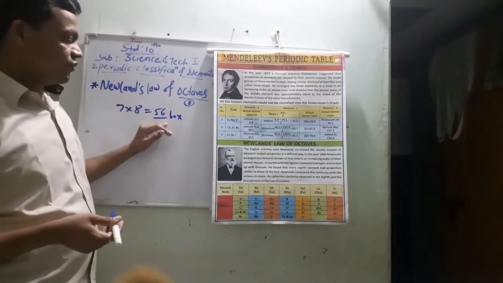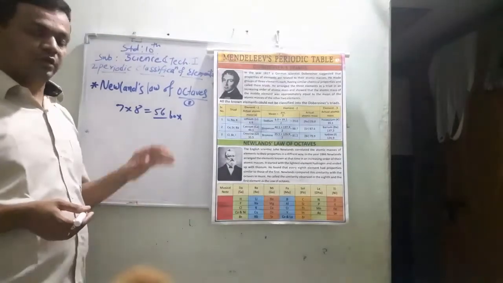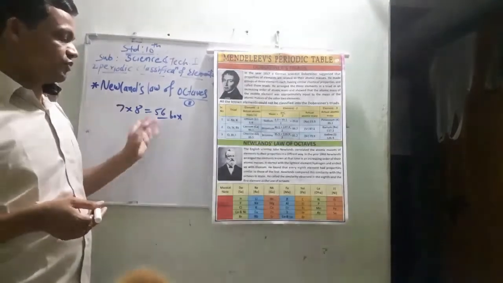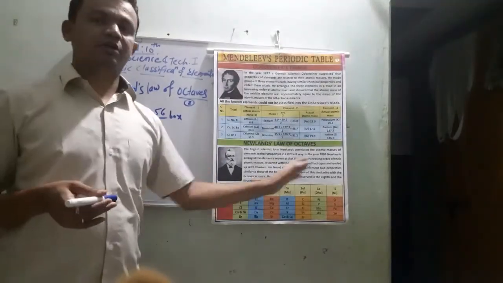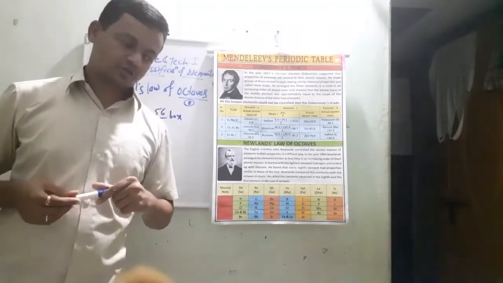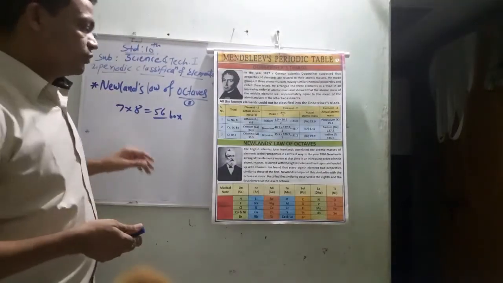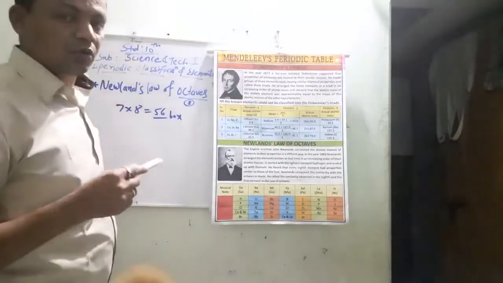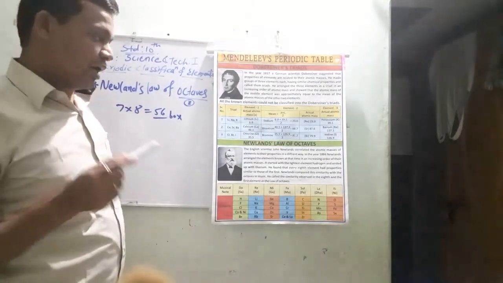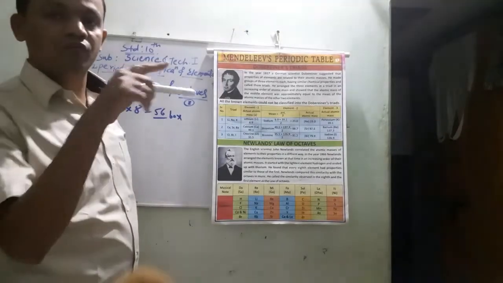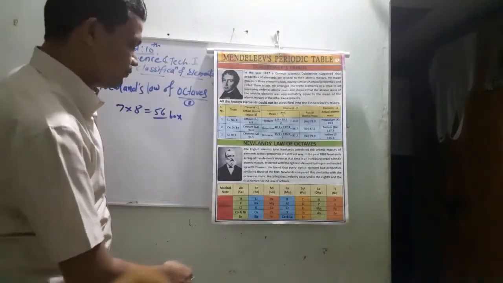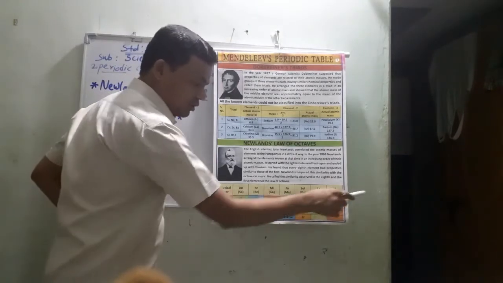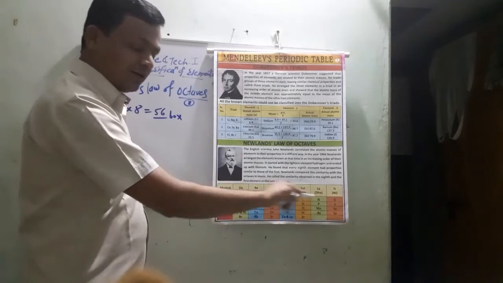So in 56 boxes he arranged all known elements by increasing order of their atomic masses. Then what does the law say? Every eighth element has a similar property to the first element.